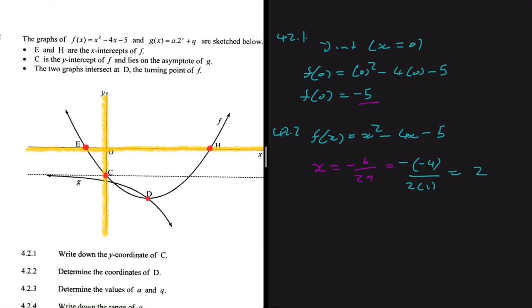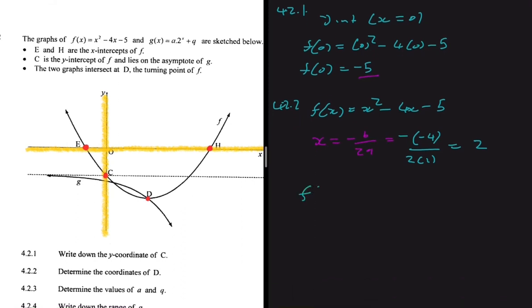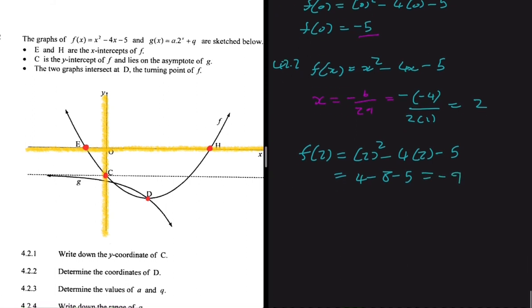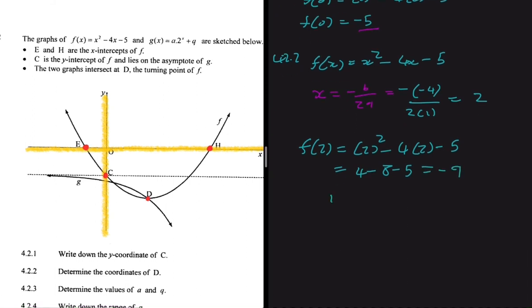Now that we have that 2, we substitute it into f of x. f of 2 equals 2 squared minus 4 multiplied by 2 minus 5. So we have 4 minus 8 minus 5, which equals minus 9. So the coordinates of D: 2 for the x value and minus 9 for the y value. It's easy to see.